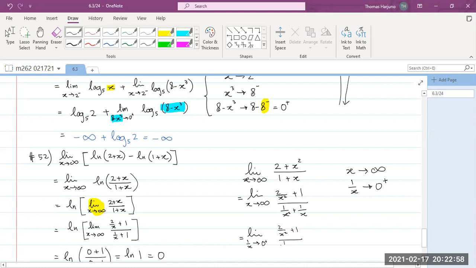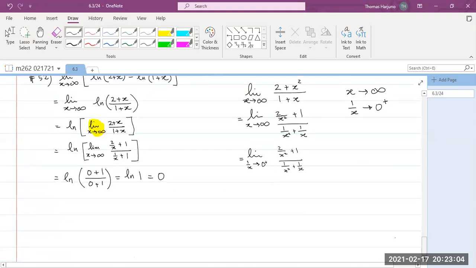Now it will look better once we substitute that 1 over x by, let's call it u or y or t, doesn't matter. Let me use t. So the limit as t goes to 0 positive of (2t squared plus 1) over (t squared plus t).